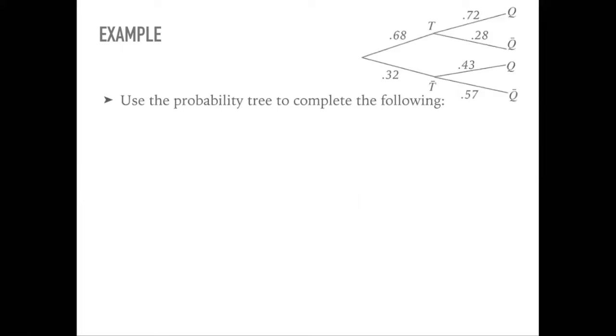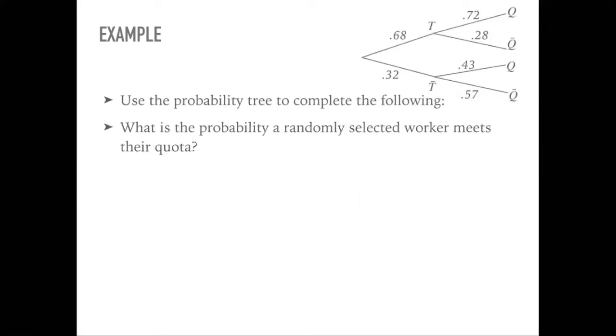Now what we're going to do is take this tree and use it to find the probability that a randomly selected worker meets their quota. Now, that means we want to know, how do we get to meeting our quota?